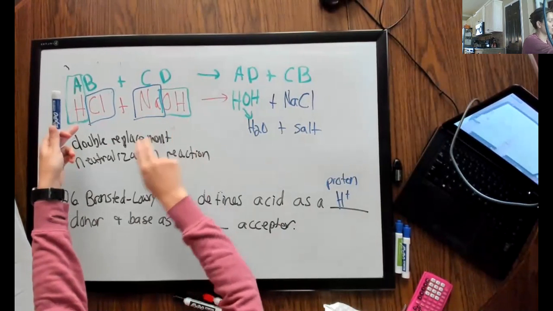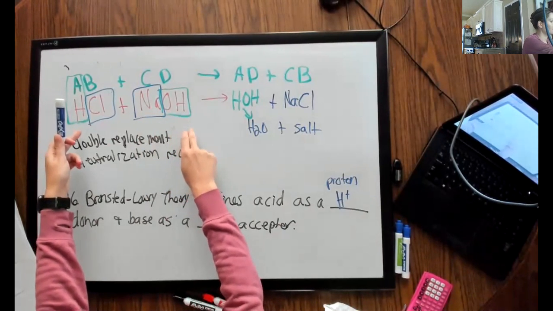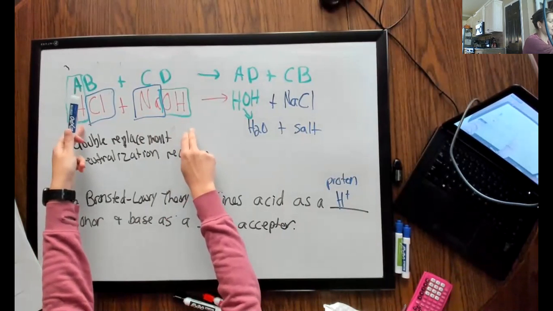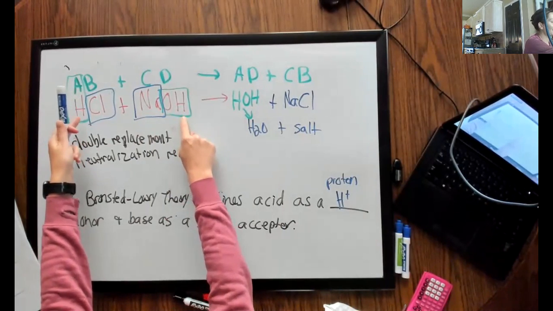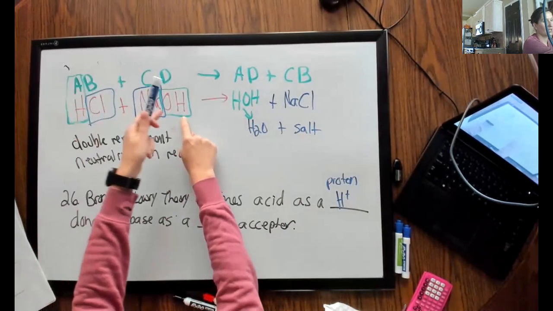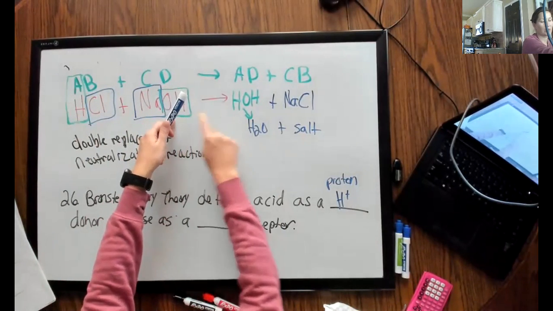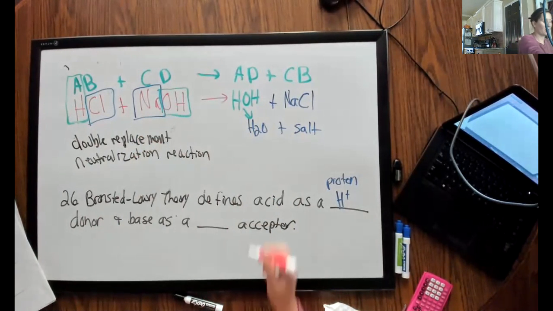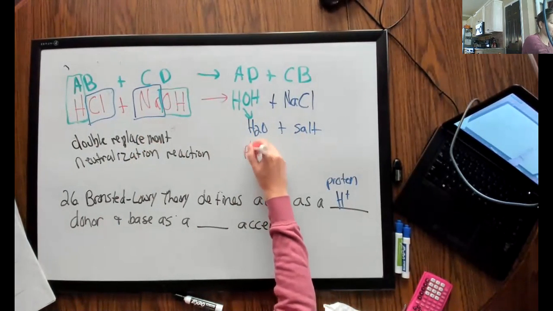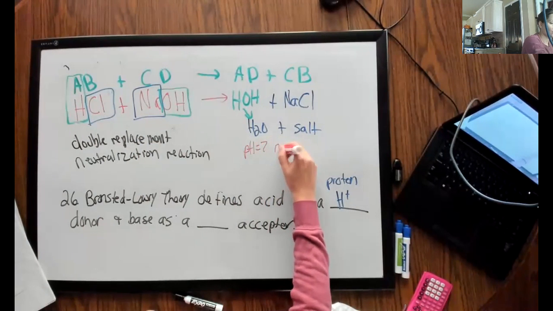Because according to the Arrhenius definition, acids form H+, bases form OH-. That H+ is being donated to the OH- to neutralize it so we get water. Water, that we learned in this chapter, if you watched the PowerPoints already, has a pH of 7, and that is neutral.